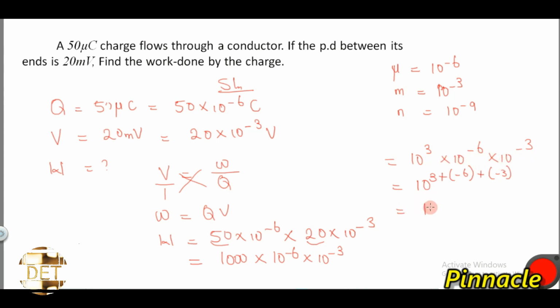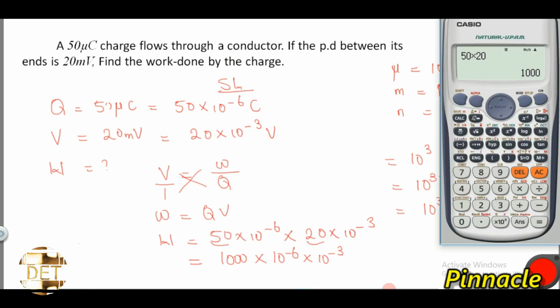So this will be equal to 10 raised to the power of 3, plus times minus will give you minus 6, plus times minus will give you minus 3. So 3 minus 6 minus 3 is what? So I'll bring out my calculator and press that. 3 minus 6 minus 3 is equal to minus 6, right?